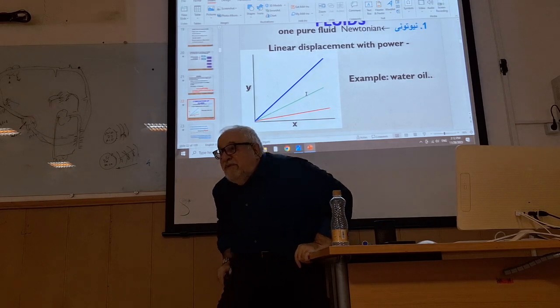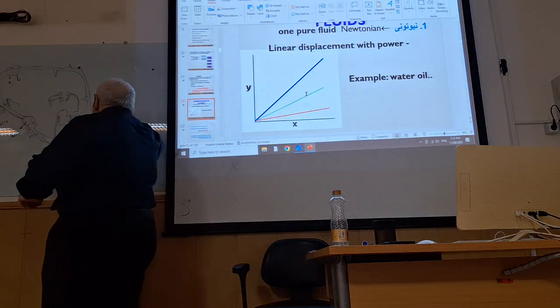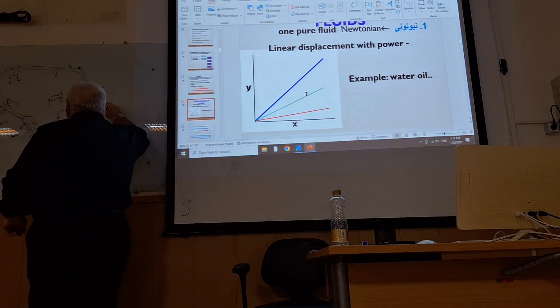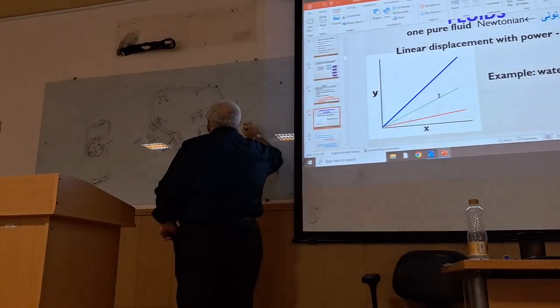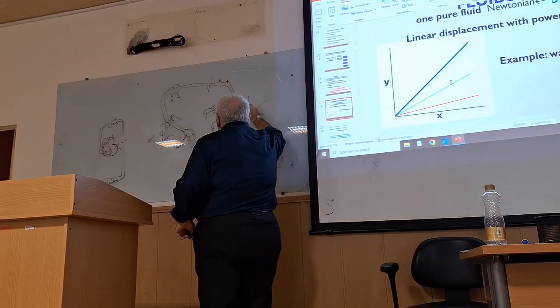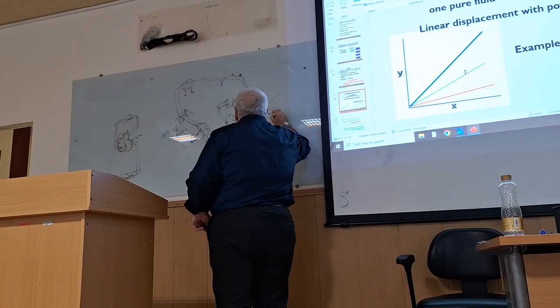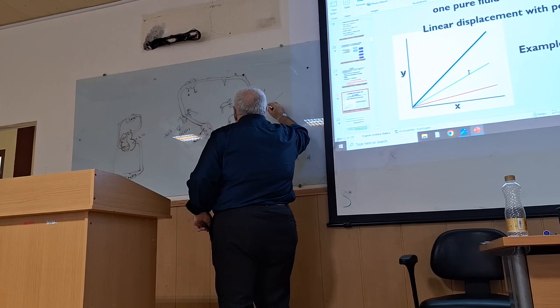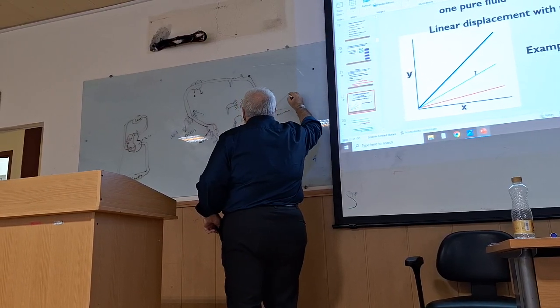By increasing the pressure, in the Newtonian it is linear, the movement goes up like this.